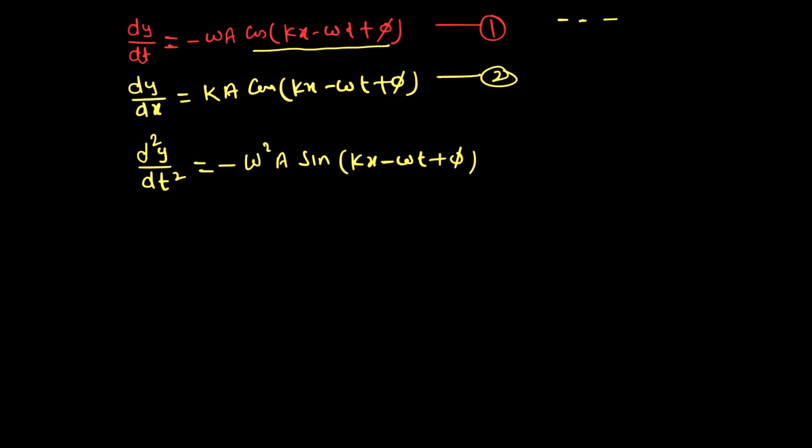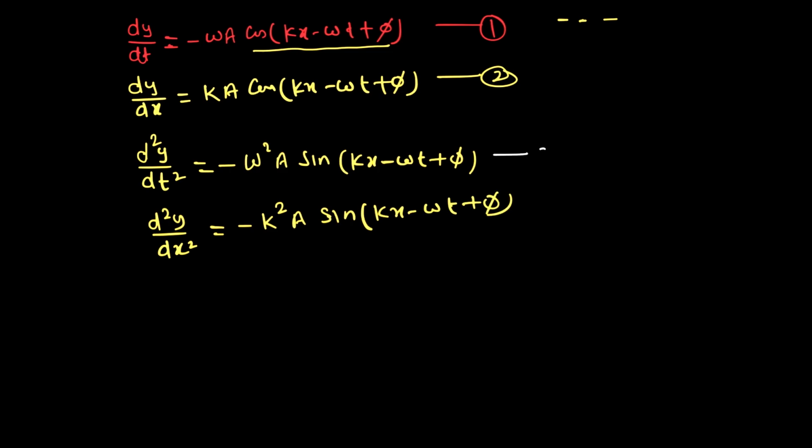So again if I differentiate the second equation, d square y upon dx square, what I'll get from this one is minus k square a sin(kx - omega t + phi). I differentiate the second equation, so I got equation number 3 and next equation number 4.